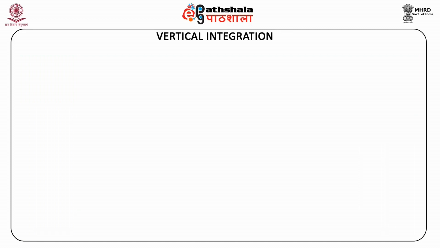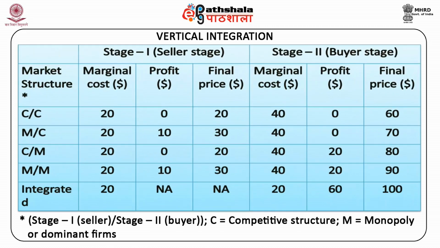The role of vertical integration in the market structure can be explained by a numerical example. Let us assume that in stage 1 the marginal cost is 20, the competitive price is 20, and the monopoly price is 30. That is a profit margin of 10.